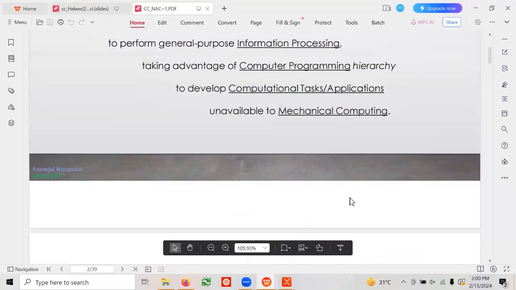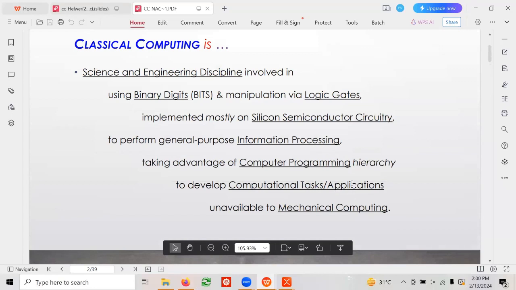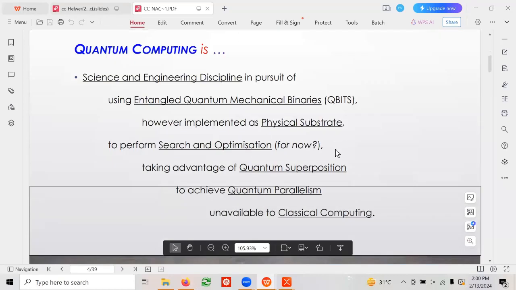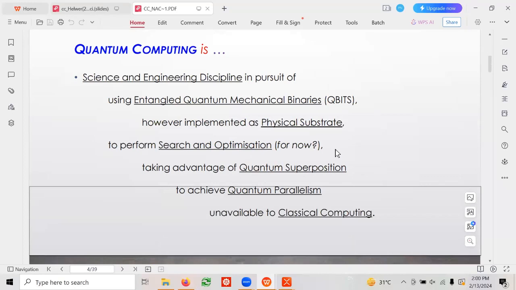So just as classical computing has layers upon layers of programming complexity that's not available to an adding machine, this quantum mechanics-based computing has a capability of search and optimization that's definitely not available to classical computing.